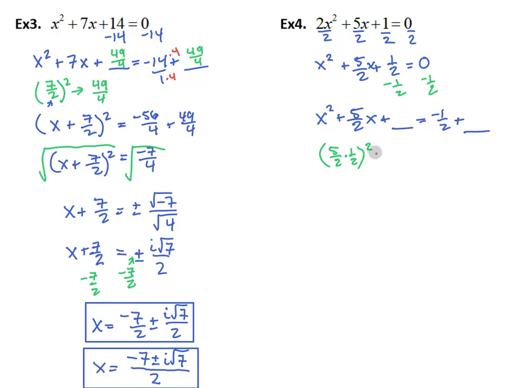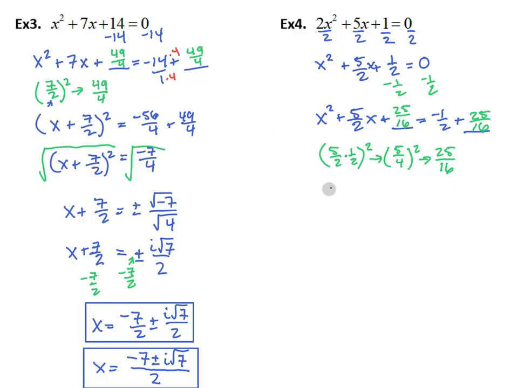This is still getting our half value and squaring it. So top times top, bottom times bottom, we get 5/4. And when we square that, same idea, top times top, bottom times bottom, we get 25/16. Oof, look at these fractions.